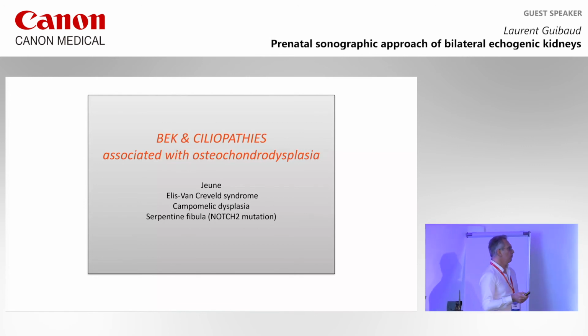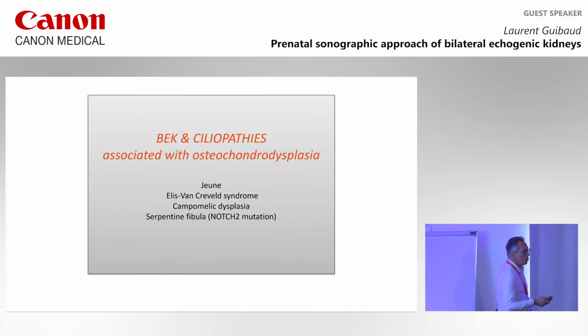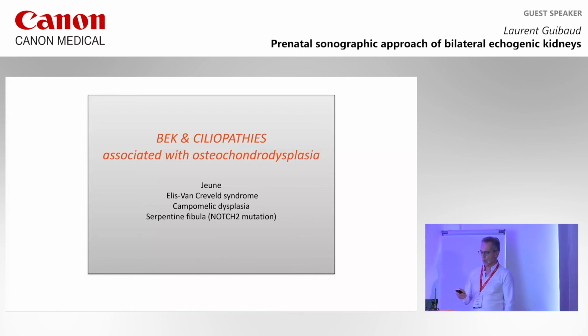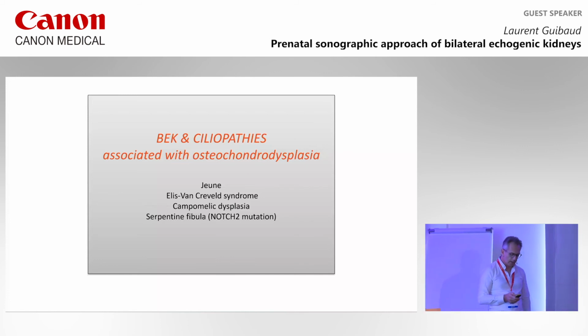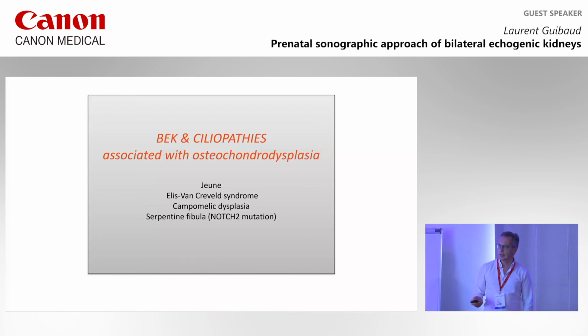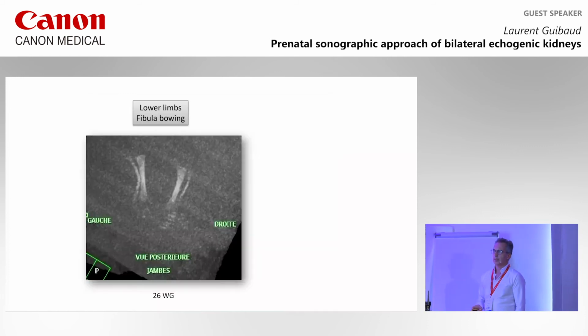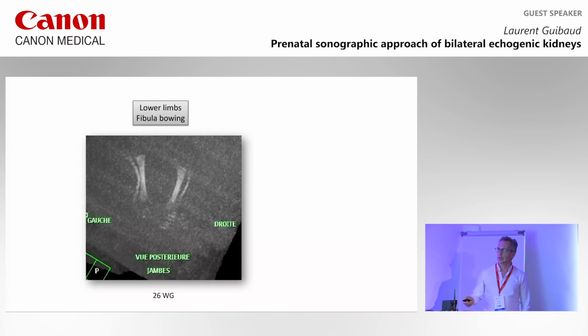Maybe you may not know that some osteochondrodysplasias, like Jeune or Ellis-van Creveld syndrome or campomelic dysplasia, are true ciliopathies. And I will show you one ciliopathy which is not well known, but we encountered this case in our casuistic. It's a serpentine fibula related to NOTCH2 mutation. This is a case where there is a fibula bowing here.